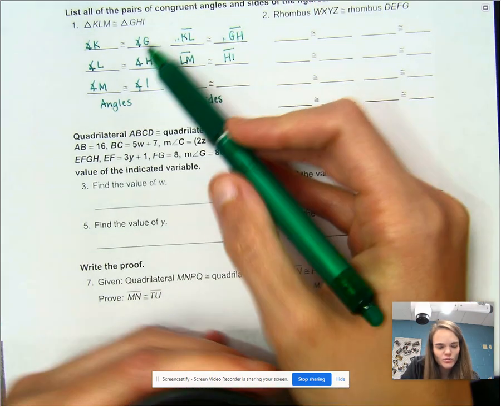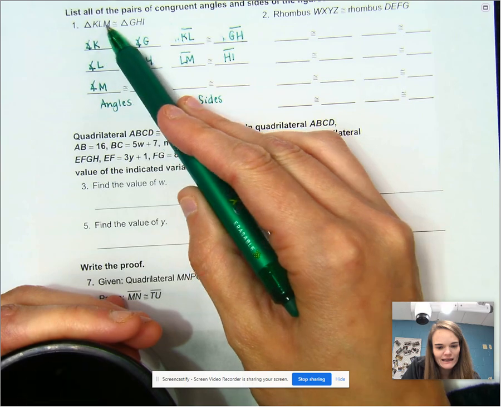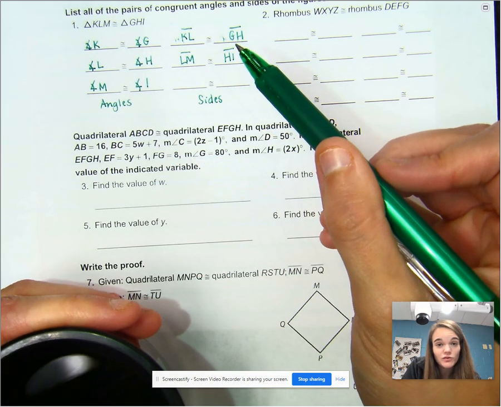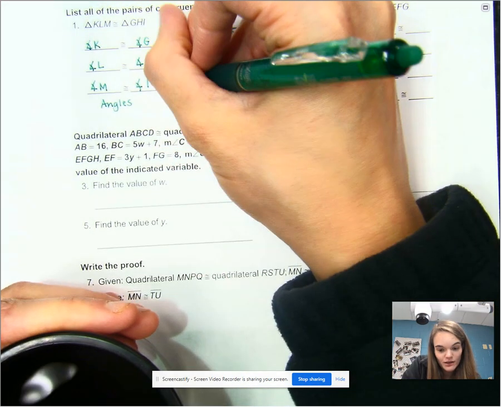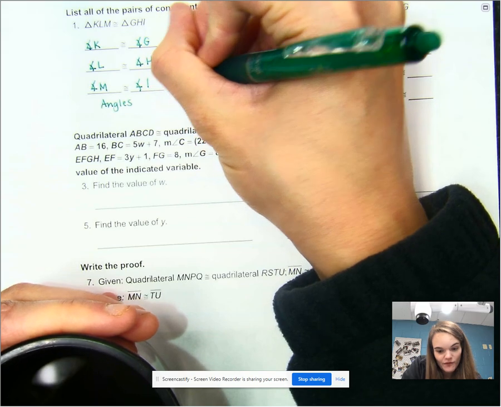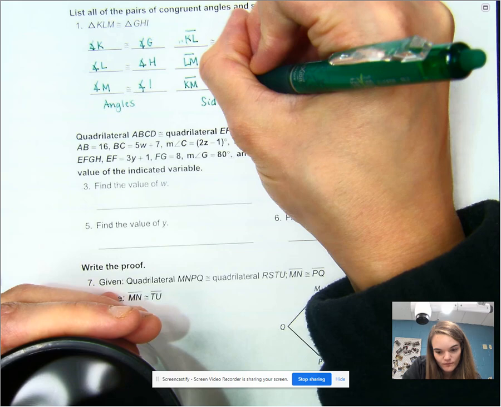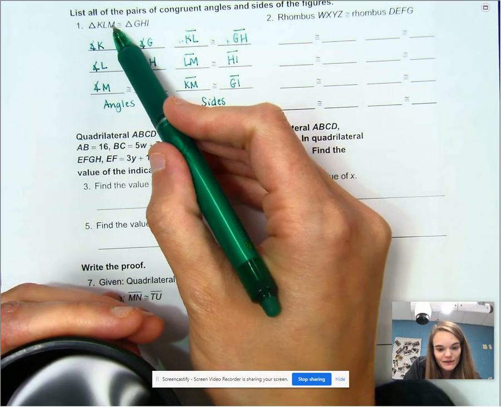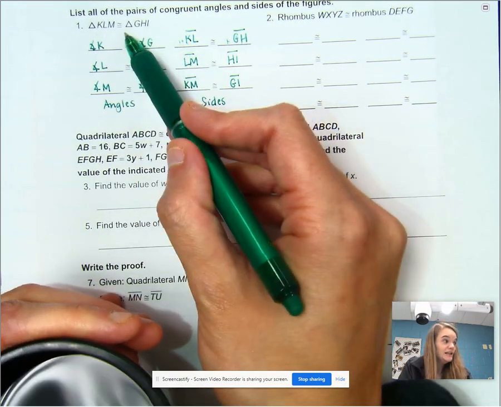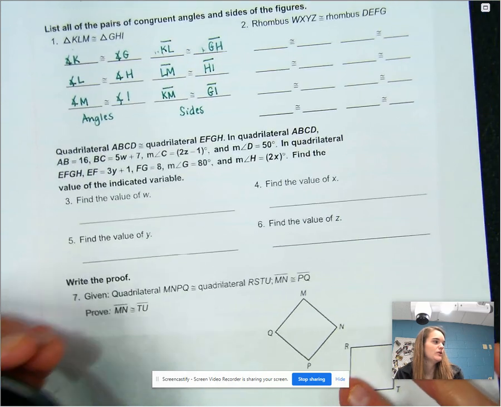All right, and there is a third one, and that's putting together either KM or MK. It doesn't matter if you put KM or MK. Here's what will matter. If I put KM, then I have to put GI. If I put MK, I have to put IG. That's the difference. That's what matters, okay?